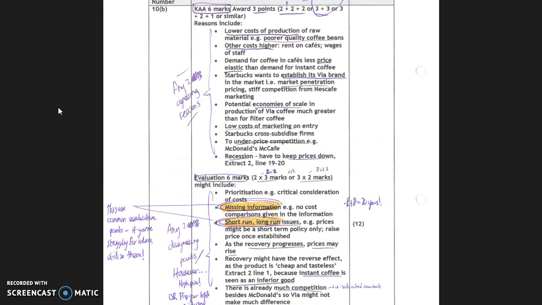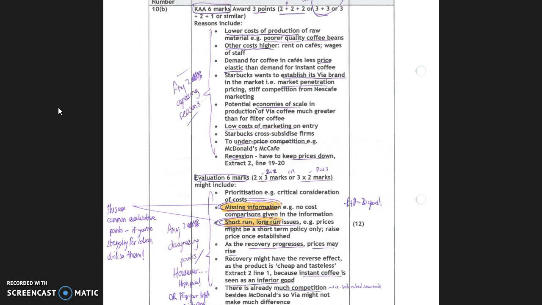Okay, so again, any 2 agreeing points: lower cost production, cost could be higher, price elasticity, the VIA brand, and their market penetration, any aspects there, and then your evaluation.